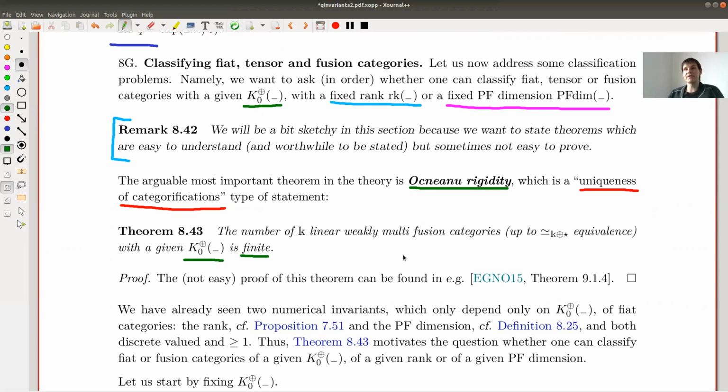But it's telling you that classification results are possible, right? For a fixed numerical invariant like the Grothendieck group, you would get a finite number of indecomposables, a finite number of fusion categories. So classification is possible.